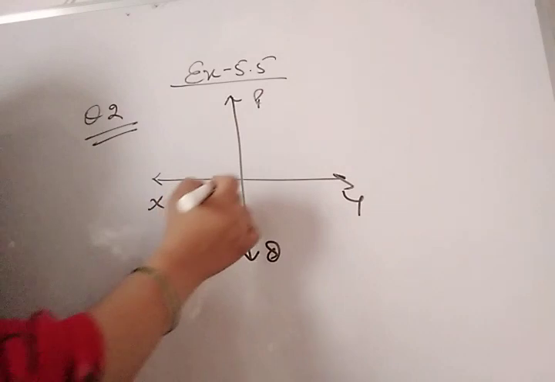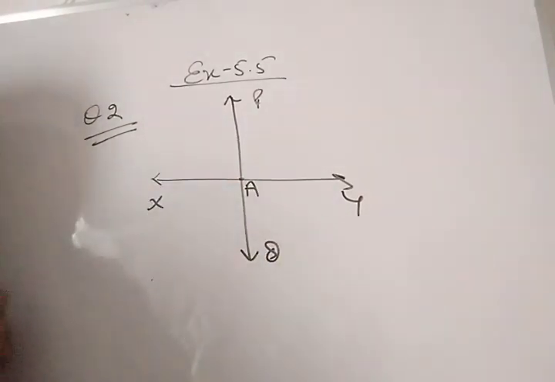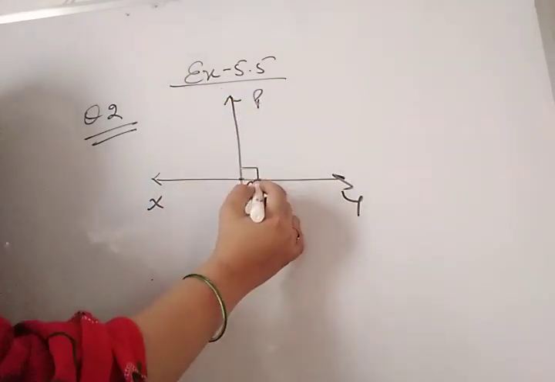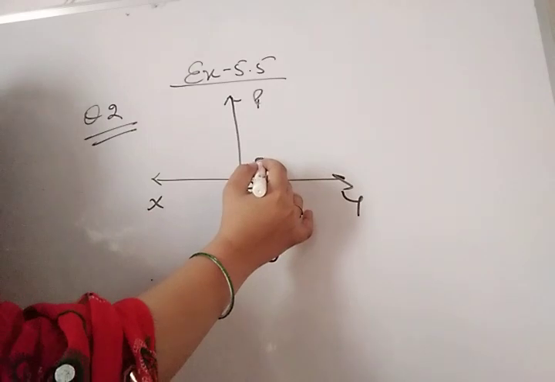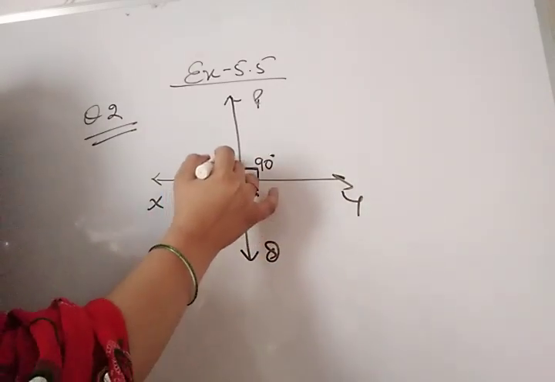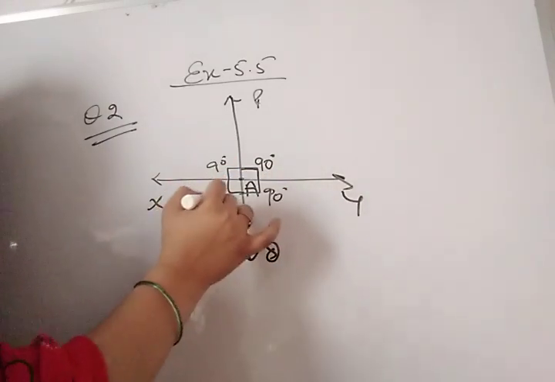If they are perpendicular to each other and they are intersecting each other at point A, then we have to find out the value of PAY. If they are perpendicular to each other, then what angle are they forming with each other? 90-degree angle, no? So the value of angle PAY is 90 degrees.